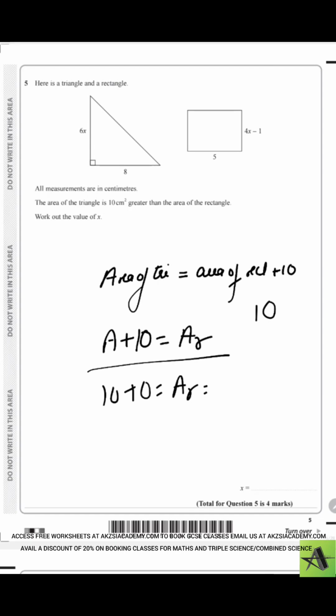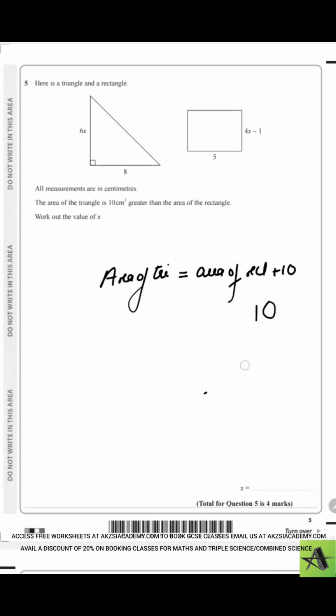So try to understand the sentence. They are saying that the area of the triangle is 10 centimeters squared greater than the area of the rectangle. That means if I add 10 to the area of the rectangle, I'll get the area of the triangle.